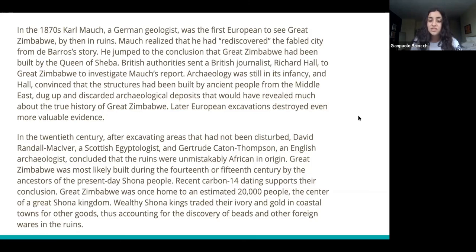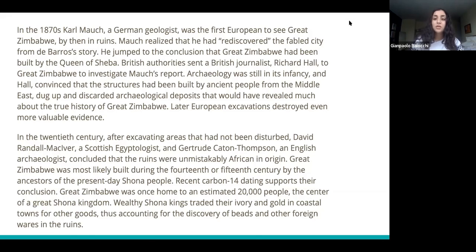Recent carbon-14 dating supports their conclusion. Great Zimbabwe was once home to an estimated 20,000 people, the center of a great Shona kingdom. Wealthy Shona kings traded their ivory and gold in coastal towns for other goods, thus accounting for the discovery of beads and other foreign wares in the ruins.